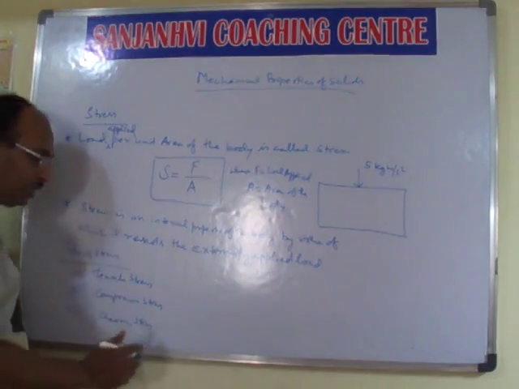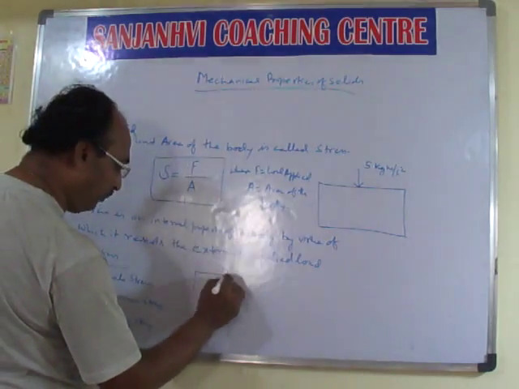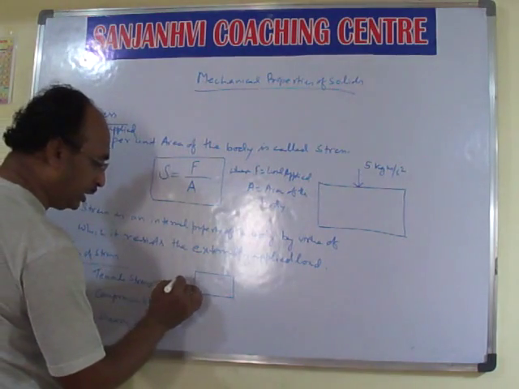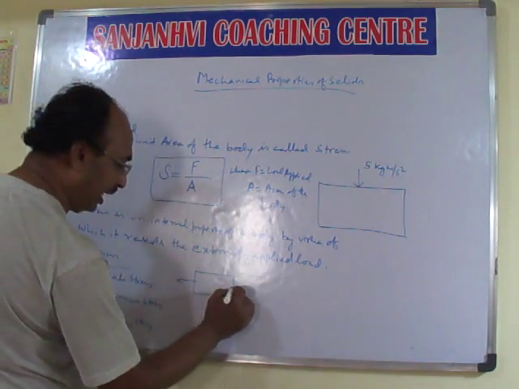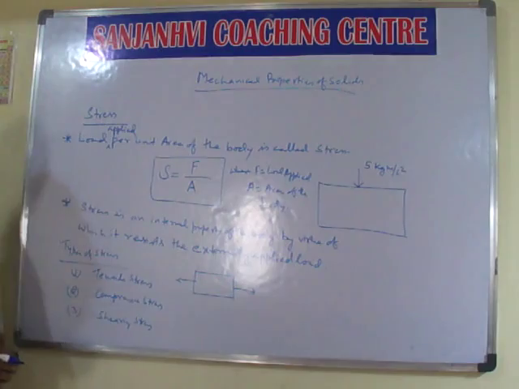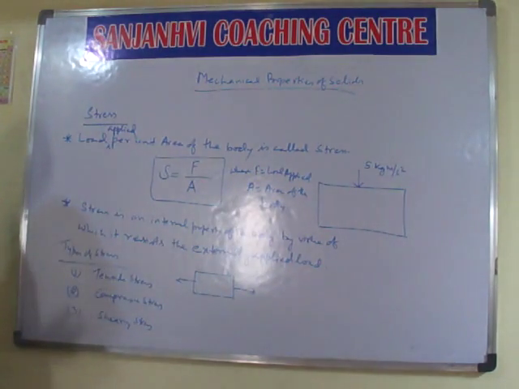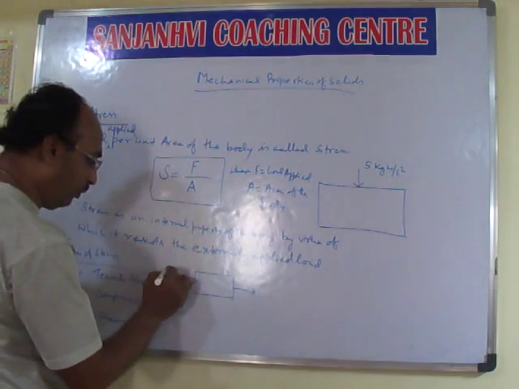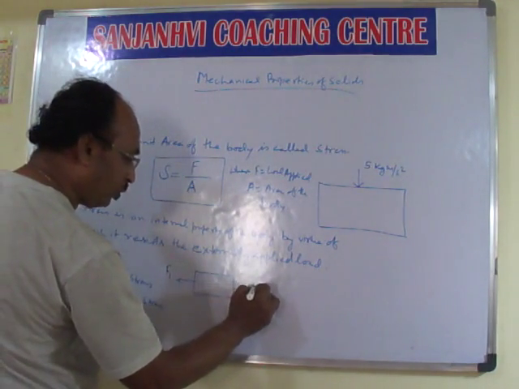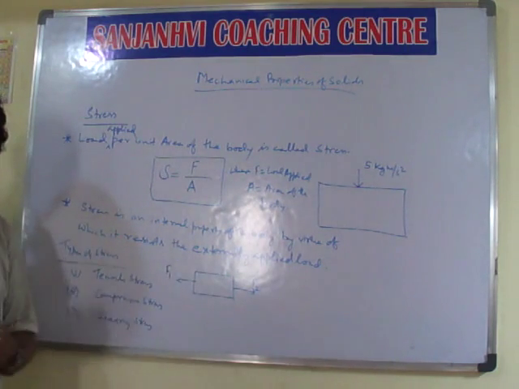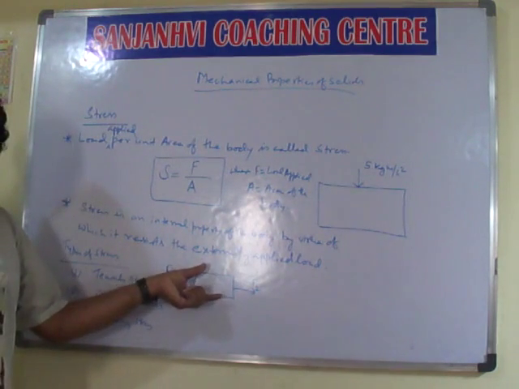Tensile stress is what? Suppose a body is there and it is pulled from both sides. Here one force is applied, and here one force is applied in the opposite direction. The body is pulled. So in that case, what will be happening?